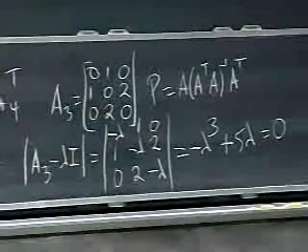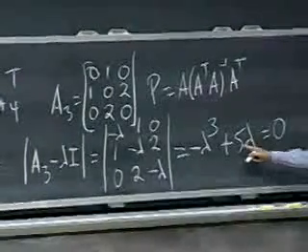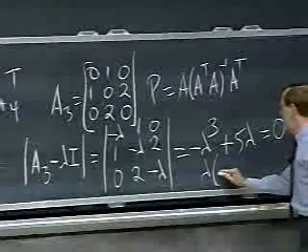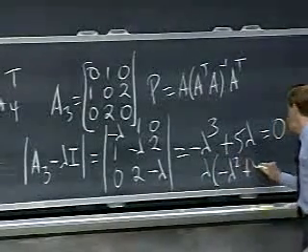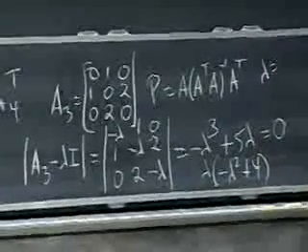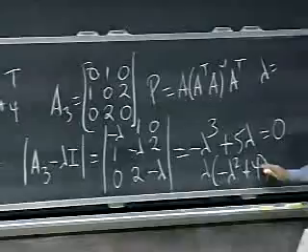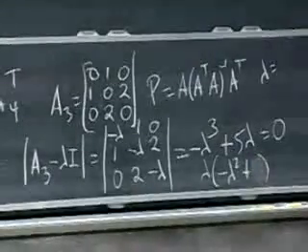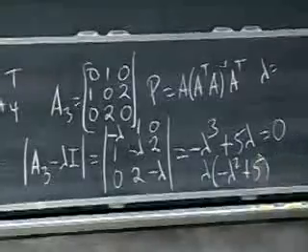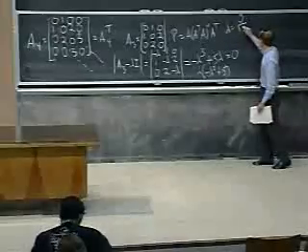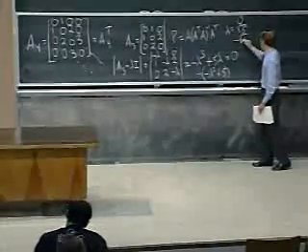So what are the eigenvalues? Well, lambda equals 0. Lambda factors out of this, times minus lambda squared plus 5. So the eigenvalues are 0, square root of 5, and minus square root of 5.